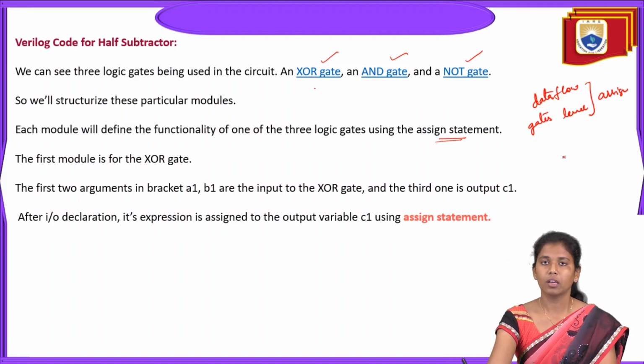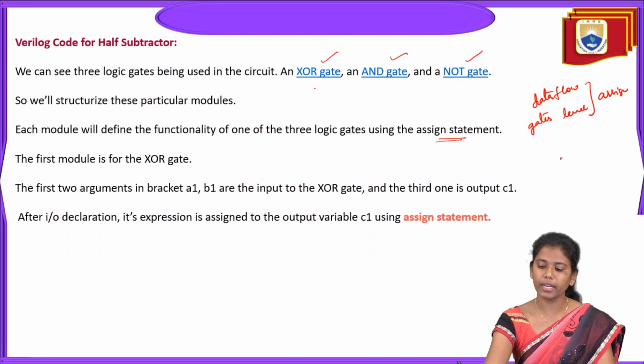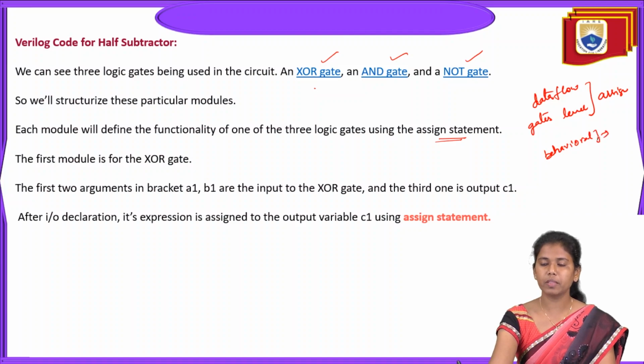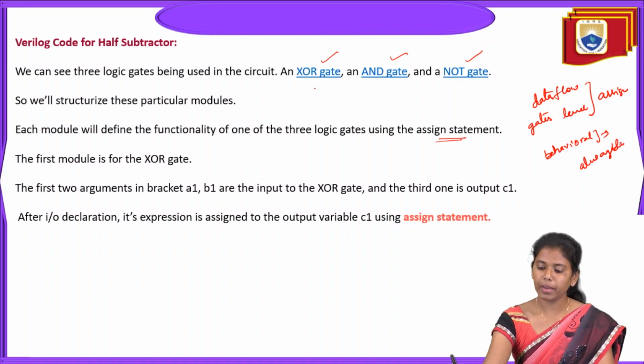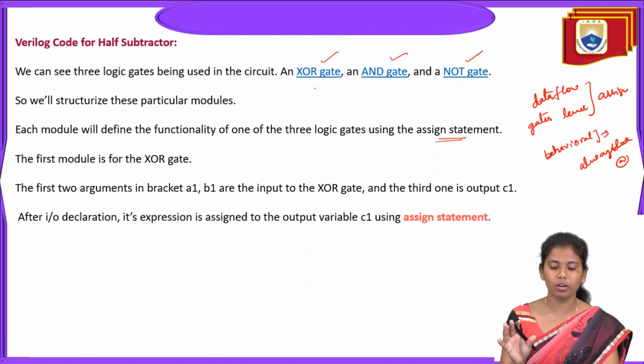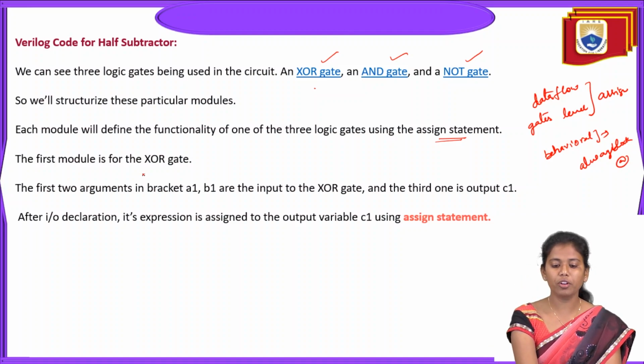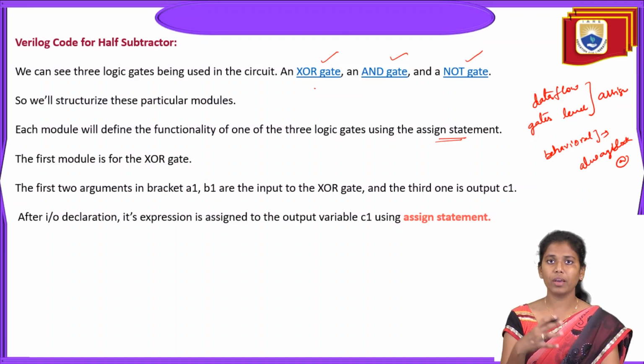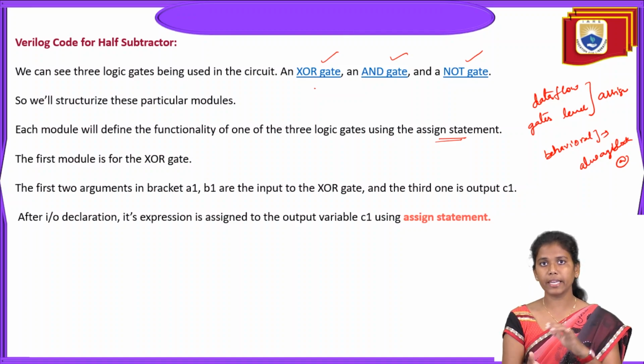Assign is a keyword. If you want to write your code in terms of behavioral modeling, remember that the always block, always at the rate, is the main keyword you have to mention when generating the code. Then the first module is for the XOR gate. As we are constructing a Verilog code, we have to segregate our code.